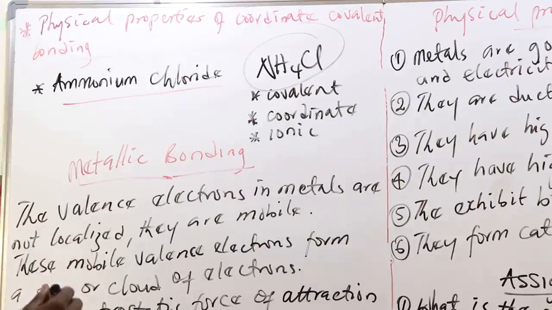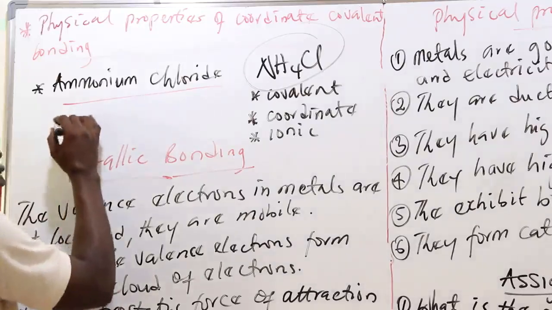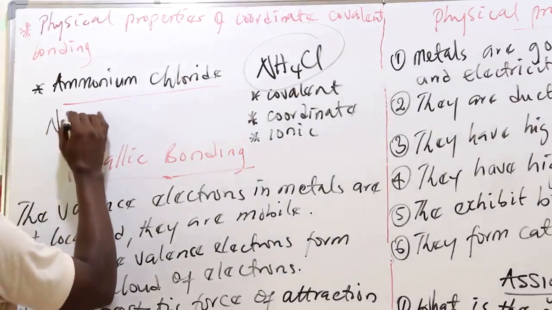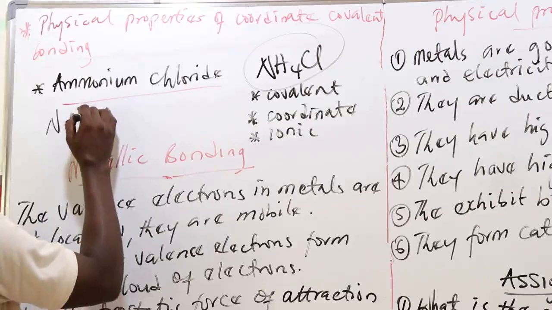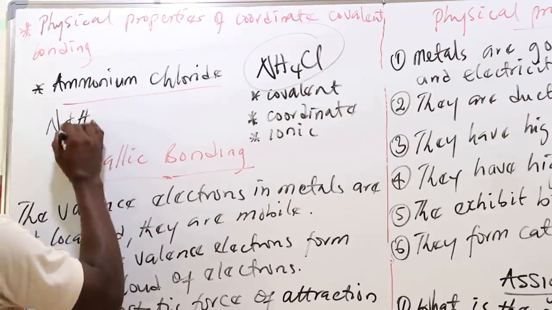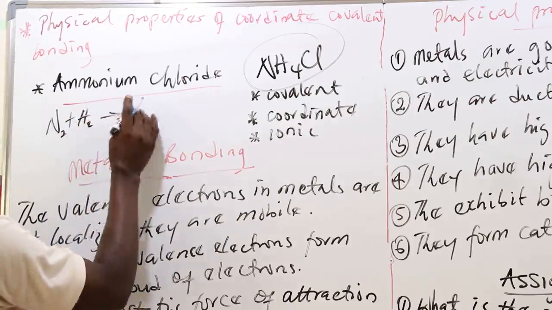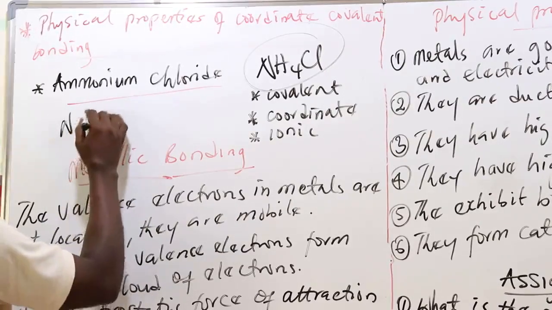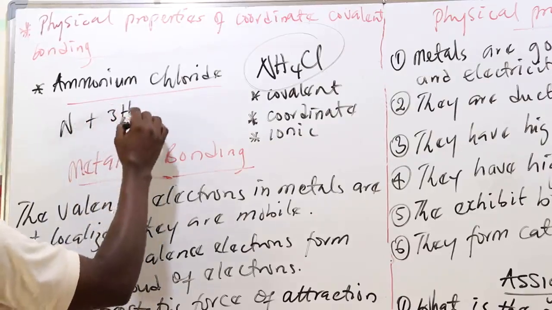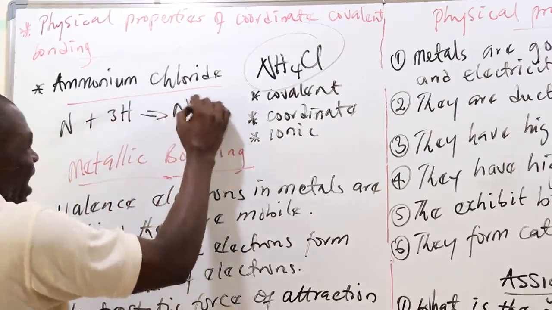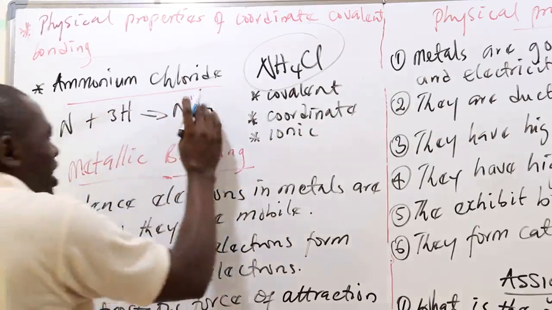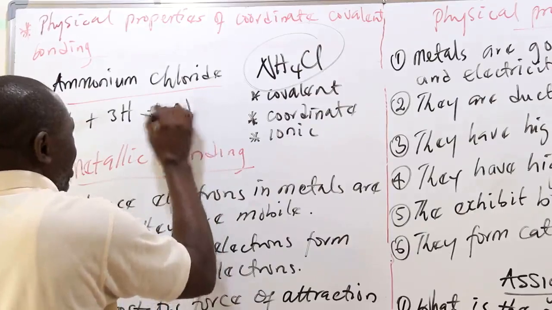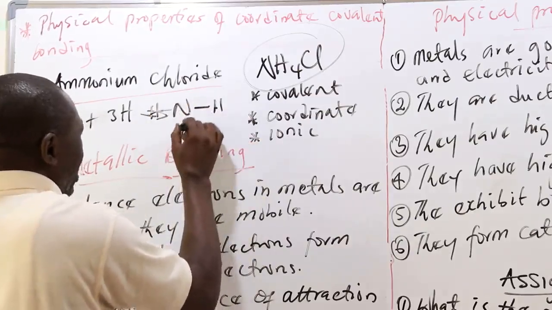This compound possesses all these 3 types of bonding, like the formation of ammonia. Okay, nitrogen plus hydrogen to give you ammonia, or let me just write it the way we know. 1 nitrogen combined with 3 hydrogen to give you NH3. You know, we say the bonding between them is hydrogen here, hydrogen here, hydrogen here.